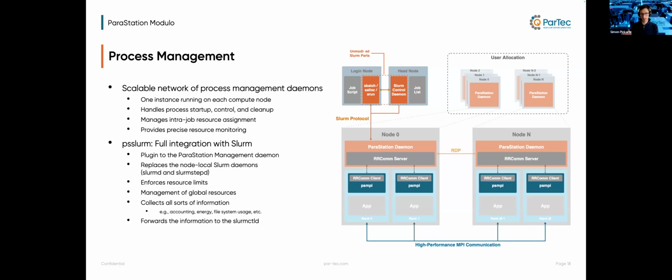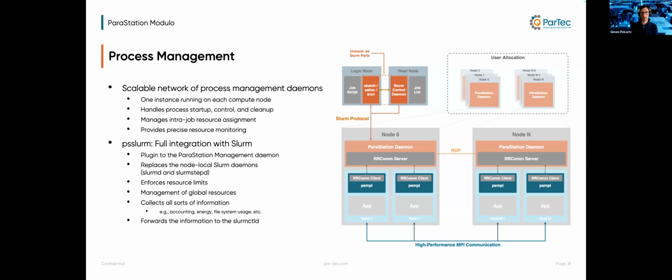So what this means, as you can see here in this picture, is that we completely replace the Slurm daemon and Slurm step daemon, which are usually executed on the compute nodes, with our ParaStation management daemon, which is then talking to the Slurm components, like the user level tools such as sbatch, srun, and salloc, but also the Slurm control daemon, using the native Slurm protocol.